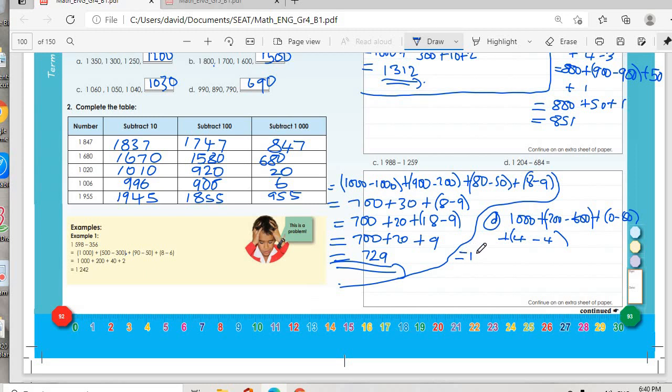So the answer will be 1000. Oh, in fact, let me just borrow first before I put all that. Right, okay, so I'm going to borrow.